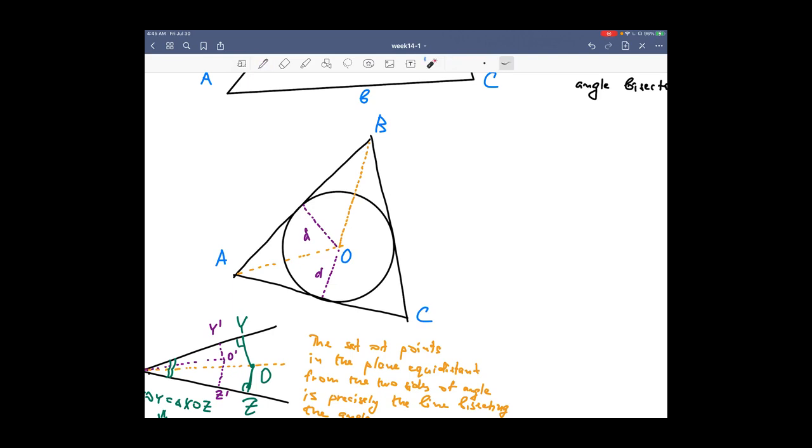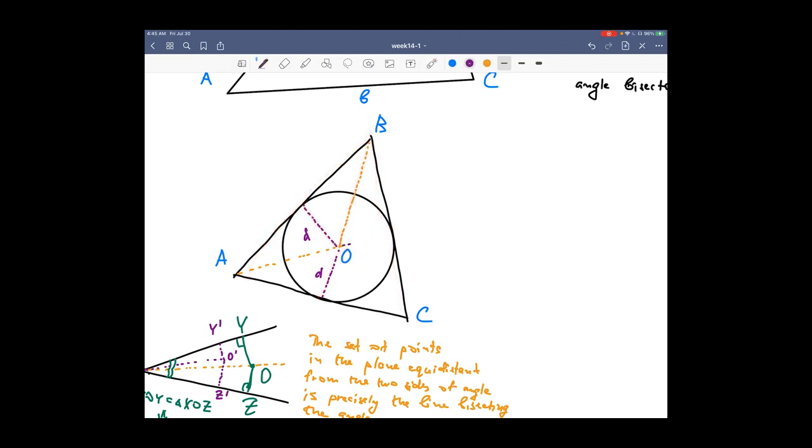Now, I claim this point also lies on the line bisecting angle C. Why is that? Well, we also have that the distance between O and line BC is D, because after all, point O lying on the bisector of angle B has to be equidistant from the sides of the angle ABC.